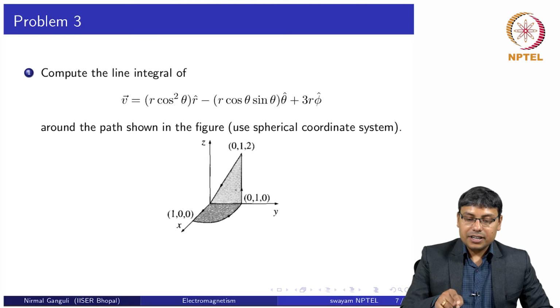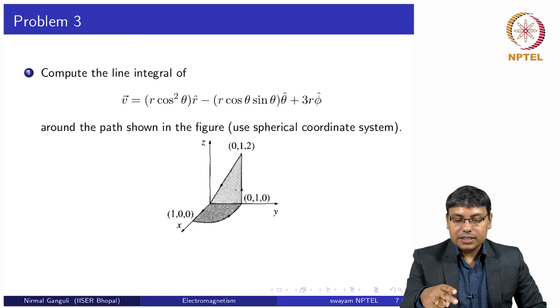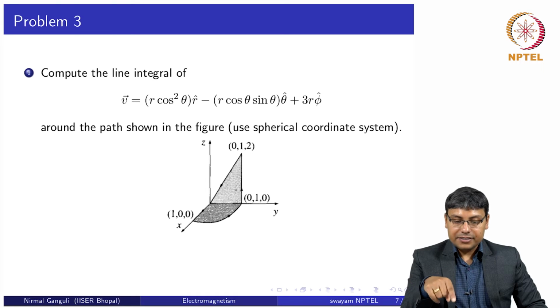So in this figure we have a triangular part in the YZ plane and a quadrant of a circle in the xy plane. This is the path, the direction is given here.